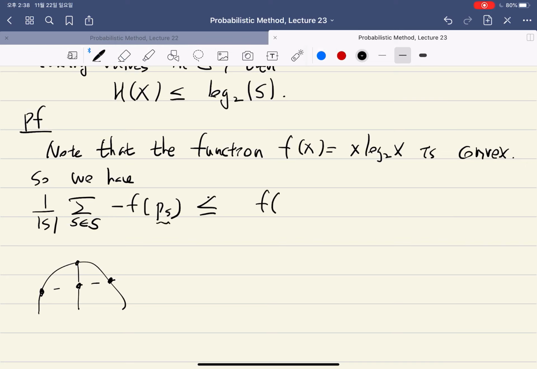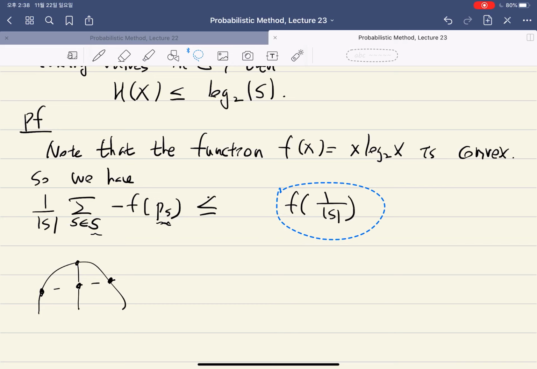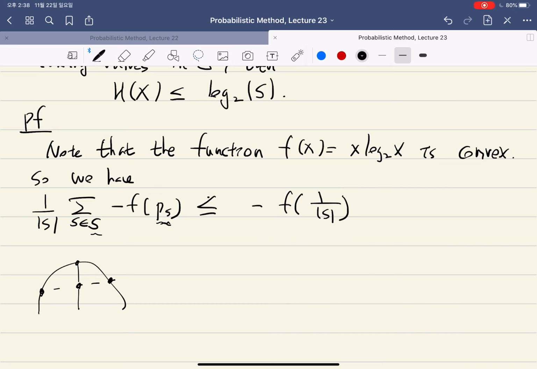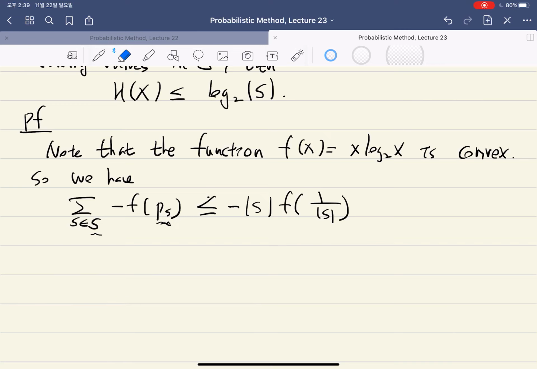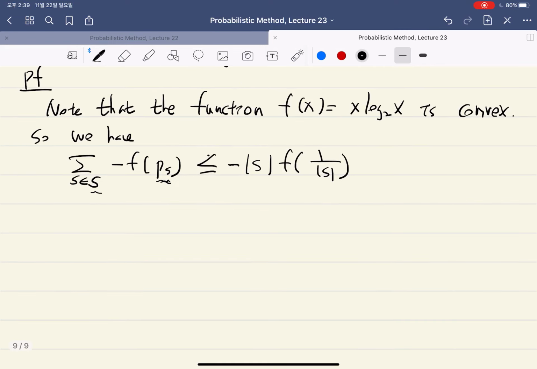What's the average of this? This sums up to 1, and there are |S| many, so the average is this. So this is the case, but you multiply the size of S on both sides and you get this. Then what do we get?